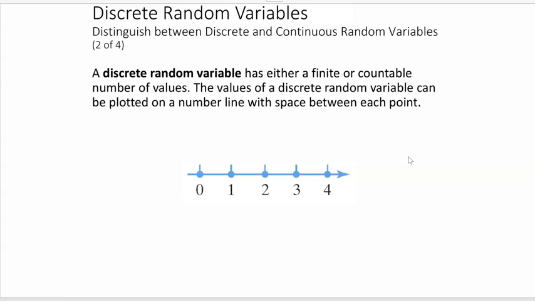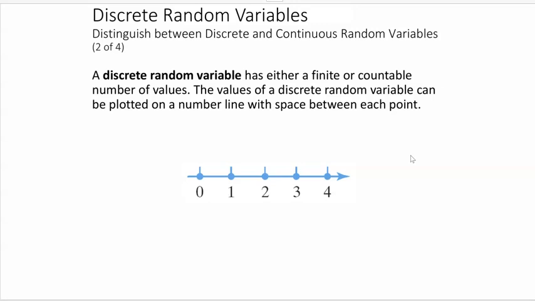Think about when we talked about discrete versus continuous data. Discrete was things that we could typically count, like the number of siblings we have, or the number of cars in our driveway. So we're collecting data like that, maybe doing a survey and basing our probabilities on that survey.